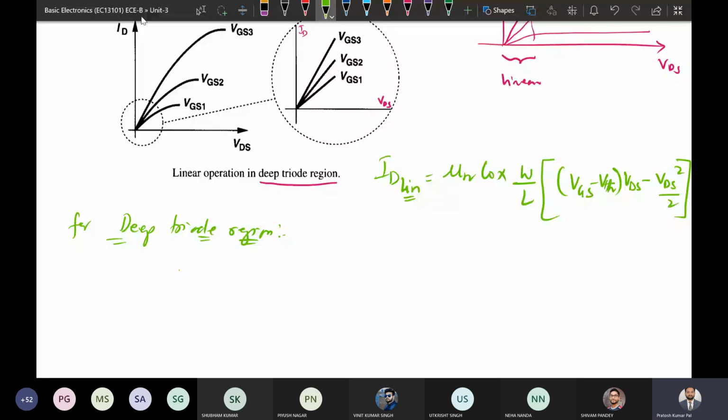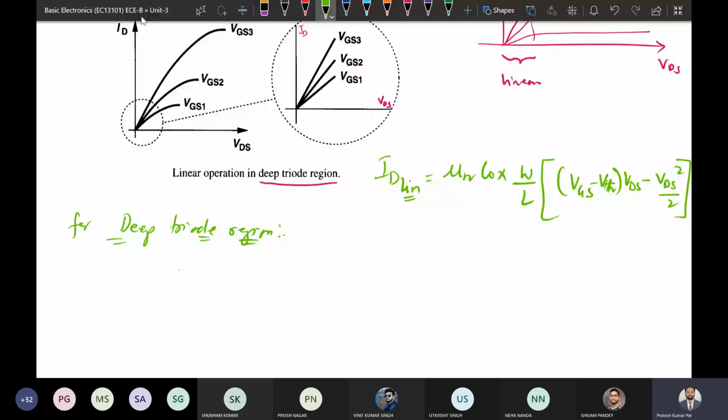That is mu n Cox W by L. From there, VDS we can take common. So if we are taking VDS common, what will be remaining is VGS minus VTH minus VDS divided by 2 inside. So this is the condition. In deep triode region, the condition comes from here.